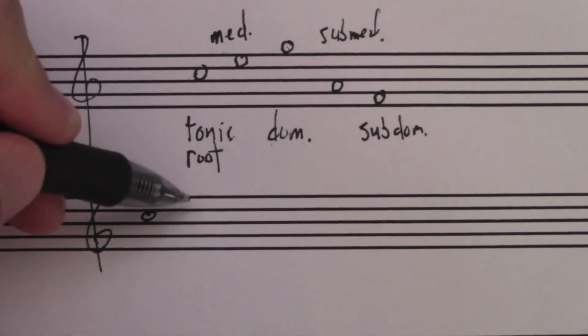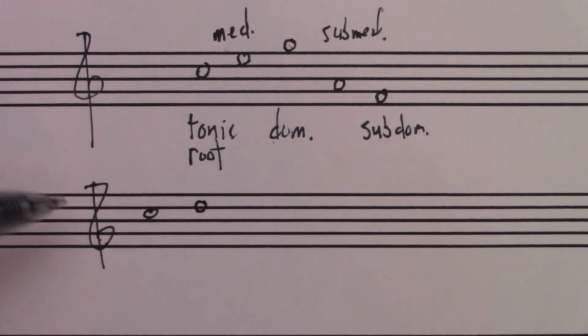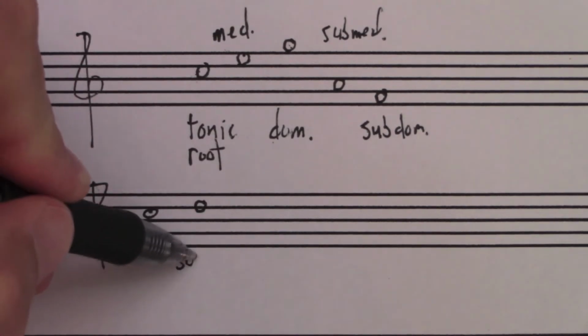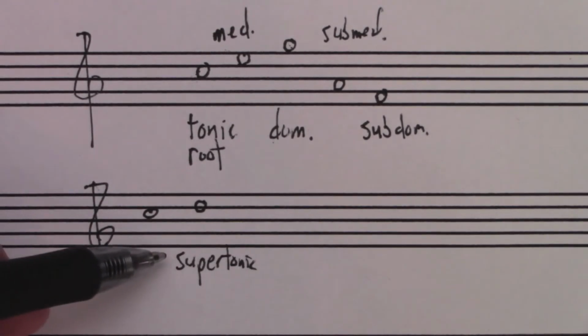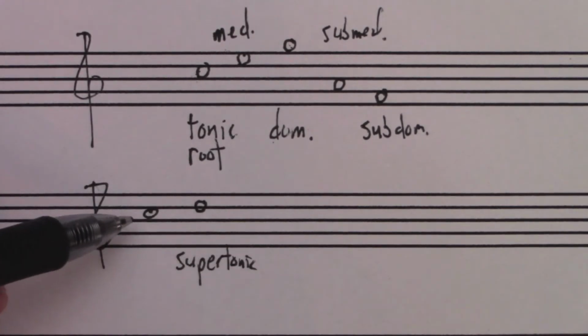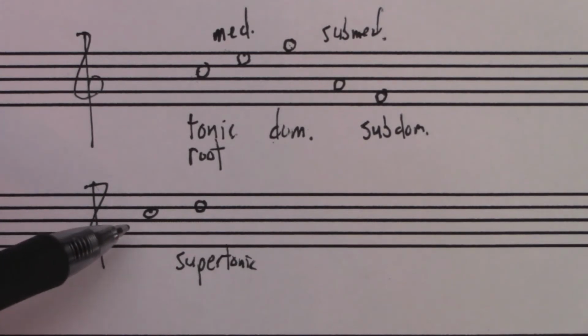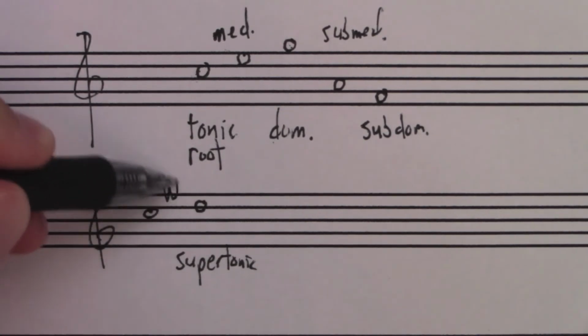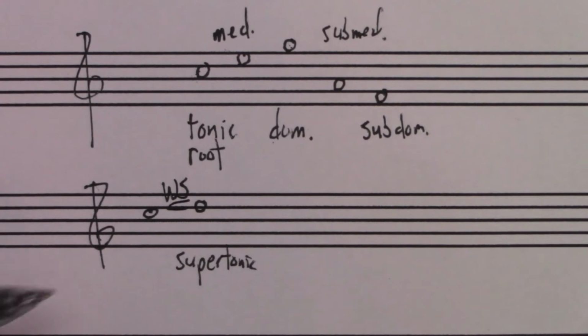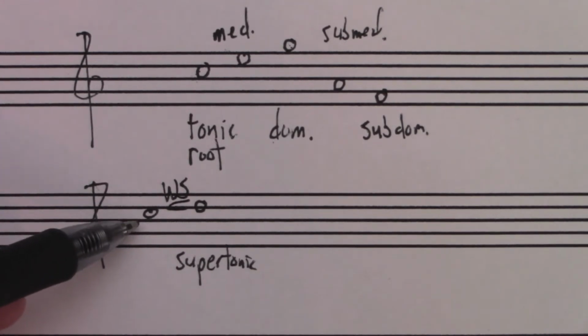If we go up a whole step, which would be to D, that is called the supertonic. Yeah, like a superhero. Now, watch very carefully. This is up a whole step, right? If we go down a whole step from C, what note do we get?